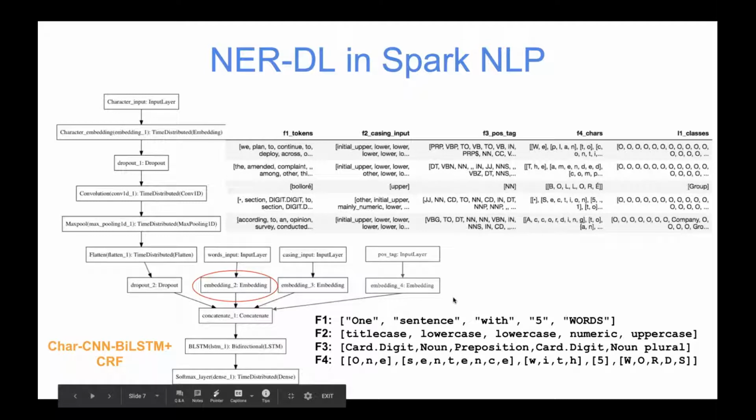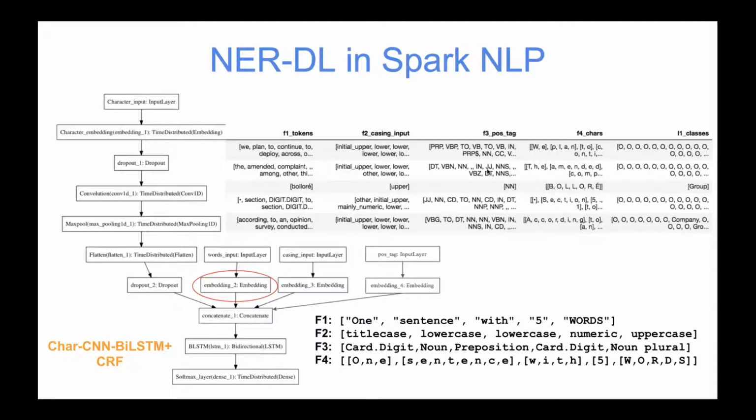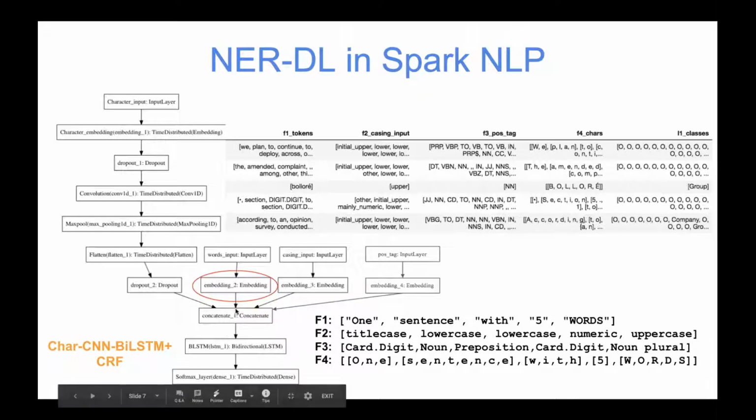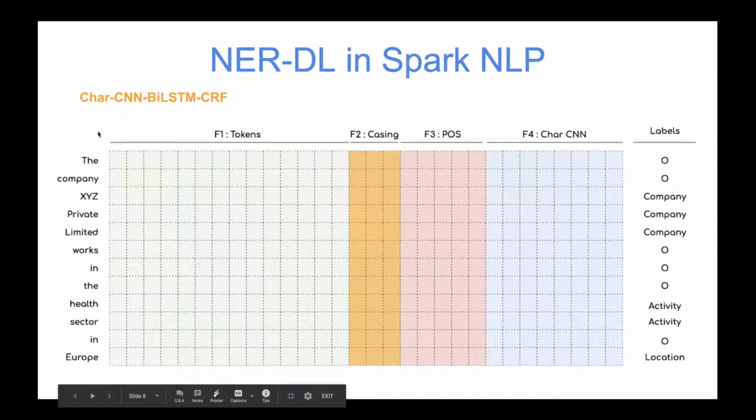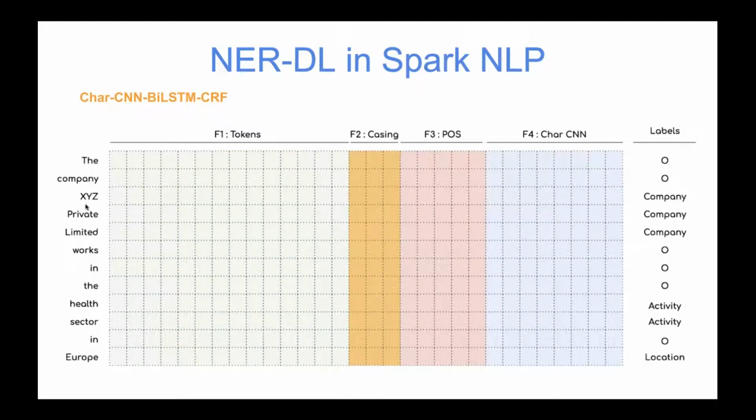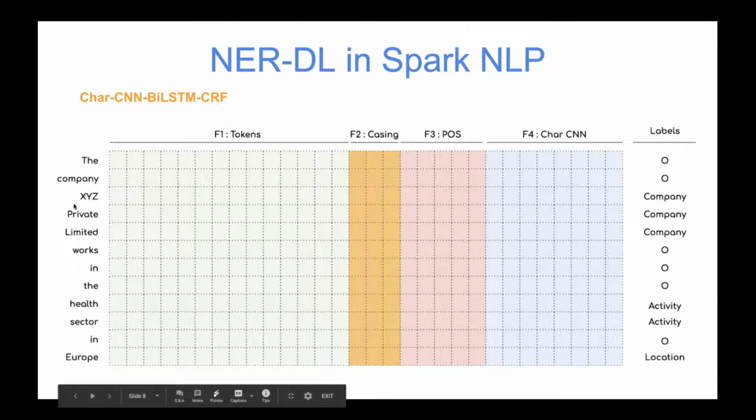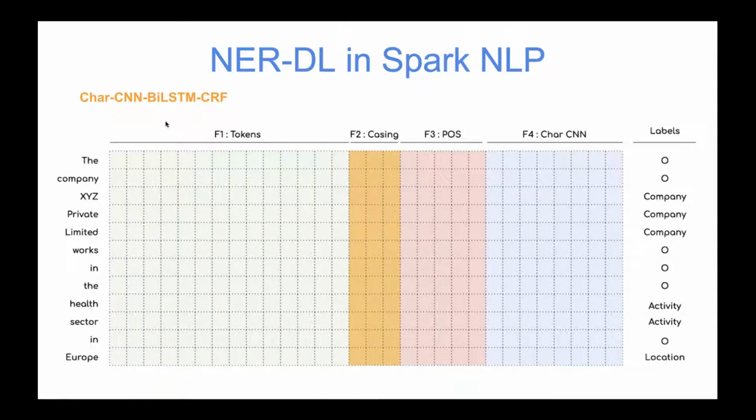So as you see, we have the sentence here, and then we get the features, and then we concat them, and then feed them into the BLSTM architecture. This is our sentence, like the company XYZ. This is one sentence, and we have the first level of features like the tokens, which will be embeddings as well, and then casing like lower and uppercase, and then part of speech, and then char features.